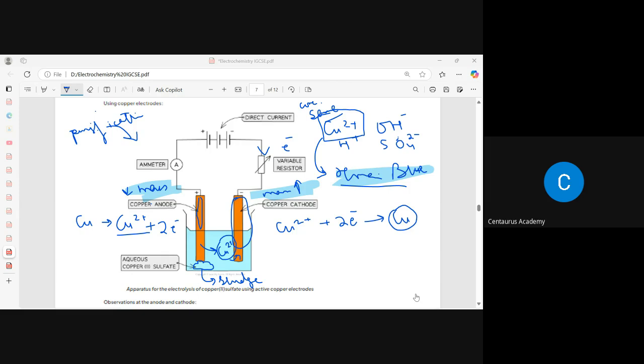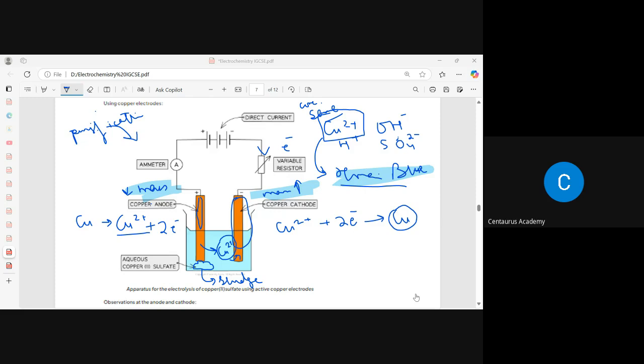When it is dissolving, it gets thinner. Are you getting my point? Yes. It gets thinner, and as a result the mass decreases. And these copper 2 plus ions are deposited onto the cathode, which is why the mass at the cathode increases.